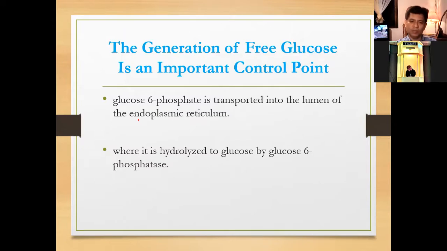So nakatago doon, ano? Yung glucose 6-phosphatase, hindi siya readily available doon sa cytoplasm. Kailangan pumunta muna yung glucose 6-phosphate sa endoplasmic reticulum. Doon lang siya pinaprocess para maging glucose. Kasi control point yan. Kasi pag naging glucose, lalabas siya, ang hirap magpasok. No?